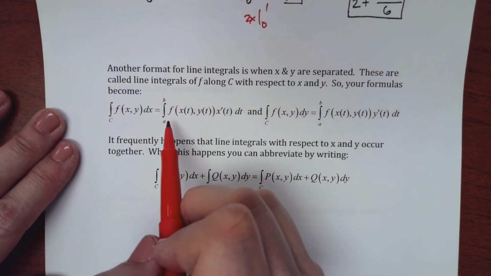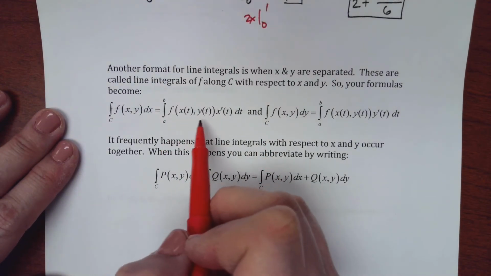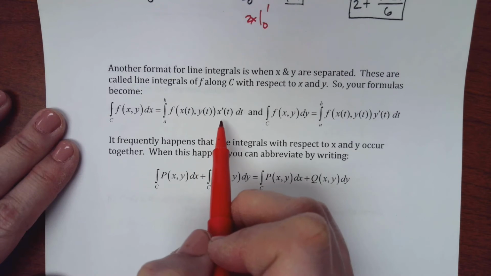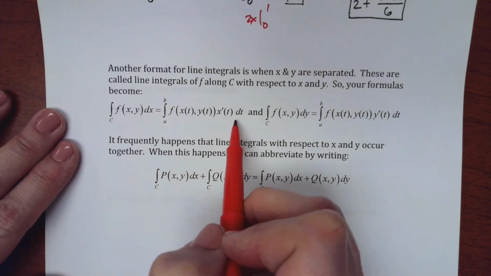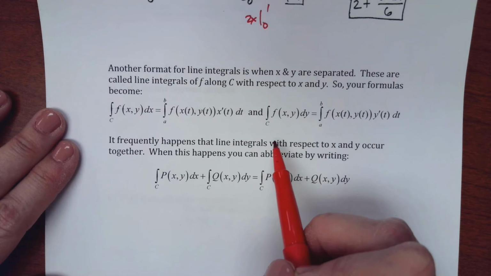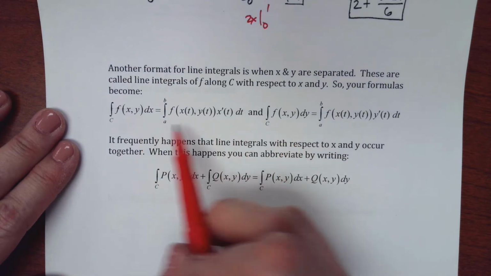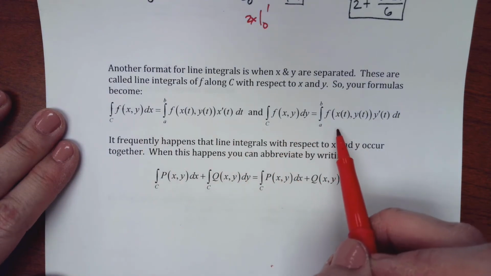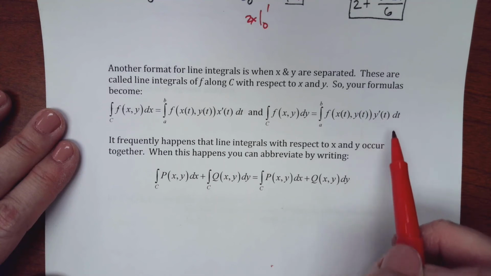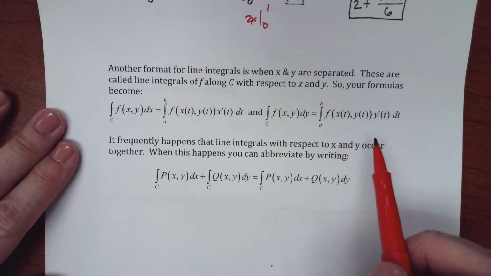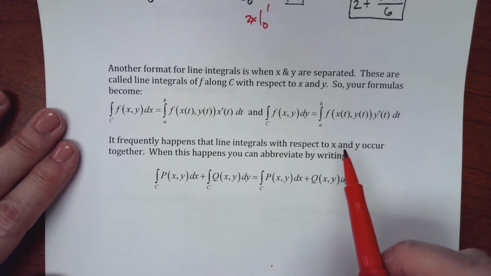You got your function of x of t and y of t, and then you got your derivative right there, and then dt. And then for y, notice the dx here, and here's dy, it becomes pretty much the same thing, but then you have y prime of t. So we're just going to follow this formula and do our line integral this way.